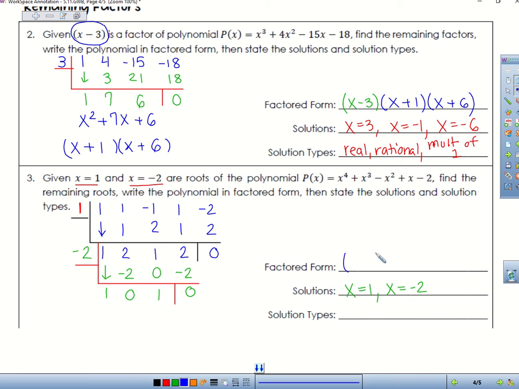So what binomial would yield me the solution x equals 1? Not plus 1, but x minus 1. Good. So if I set that equal to 0, I would get a positive 1. What would I set equal to 0 to get me a -2? Good. So we're not done because we still have some stuff left here.